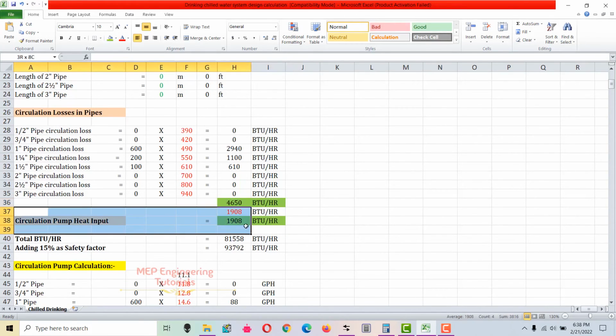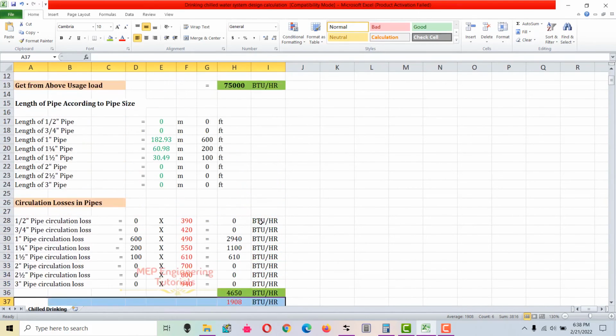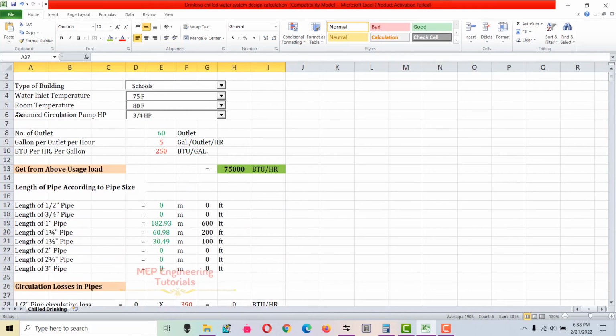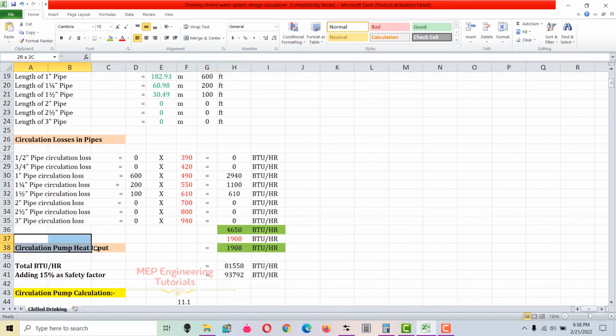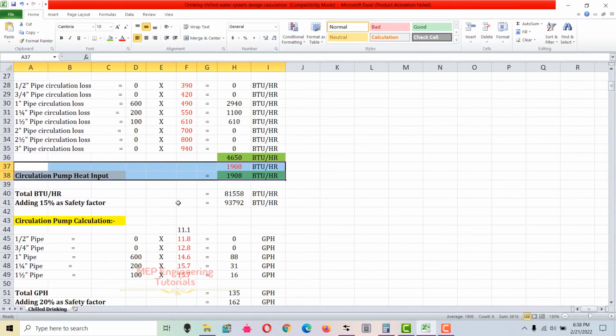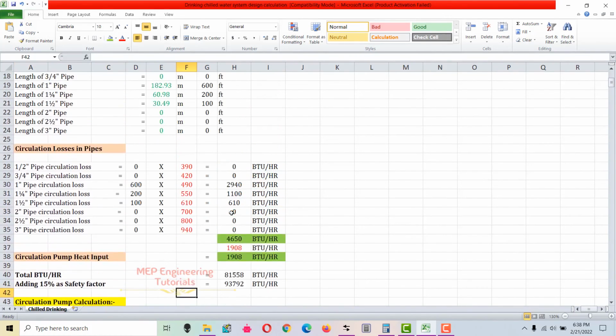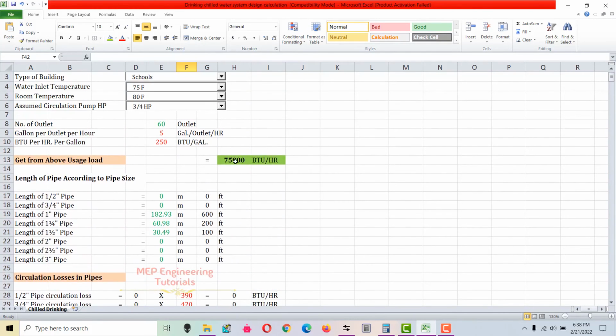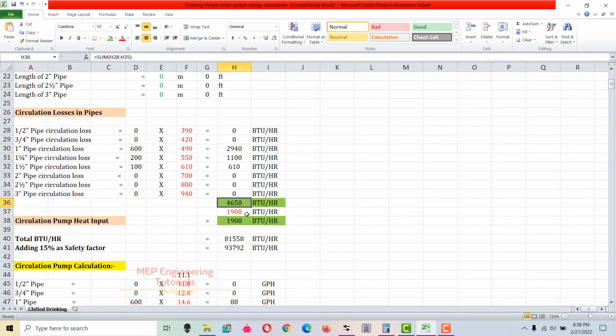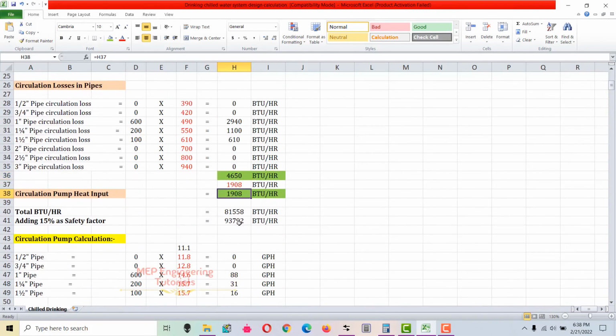Now the third thing which we have to calculate here is the circulation pump heat input. As I told you, it depends on the horsepower which you assumed in here. For the 3/4 horsepower which we assumed here, the circulation pump heat input is 1908 BTUs per hour. Now we have to add all of these loads which we calculated, that is 75,000, 4,650 and 1908.